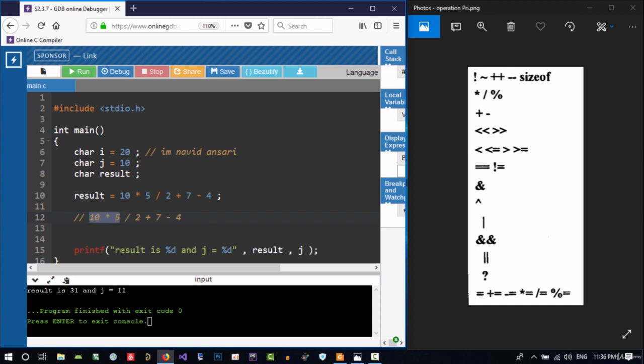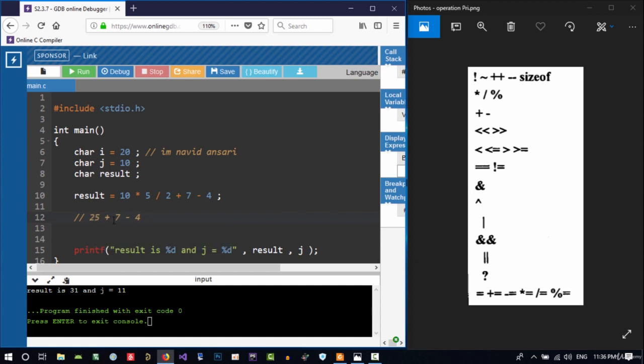10 multiply 5 will be 50. Then what will happen? This is more important than minus and plus. You see, this is more important than these two because it's in the third row. So this will happen next: 25.